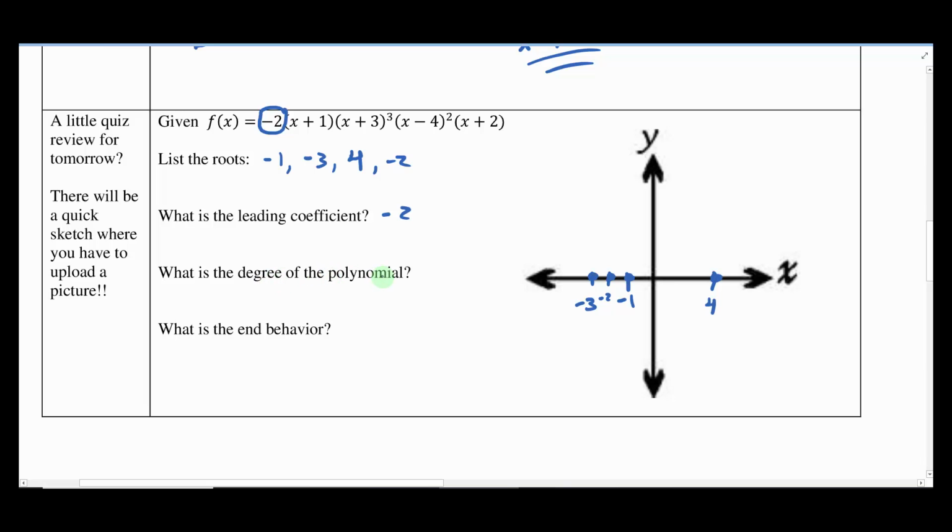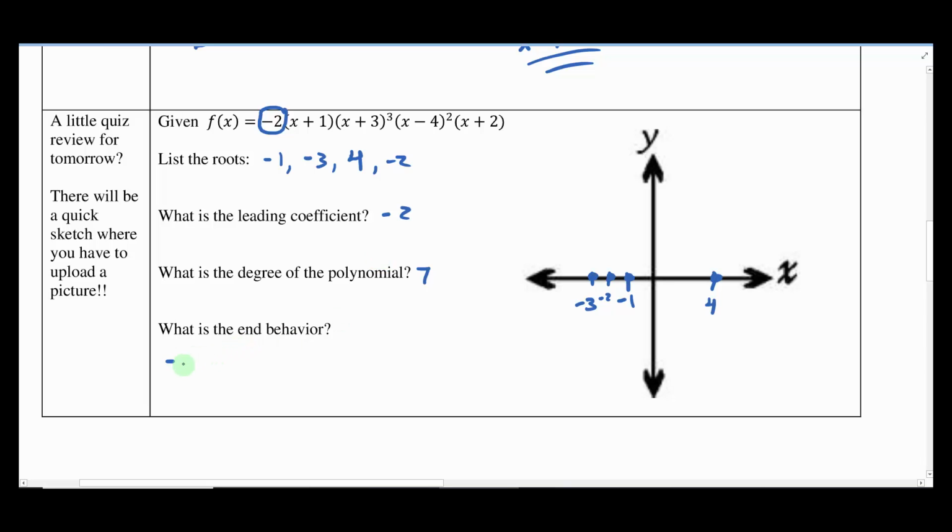The degree of the polynomial is the number of linear factors that you have. This is a linear factor, so there is 1. And then this one has an exponent of 3, so there's actually 3 of these. So that's 1, 2, 3, 4. There's 2 of these, so 5, 6, and then one more of these, that's 7. So there's 7 linear factors, which tells me the degree of the polynomial is 7.